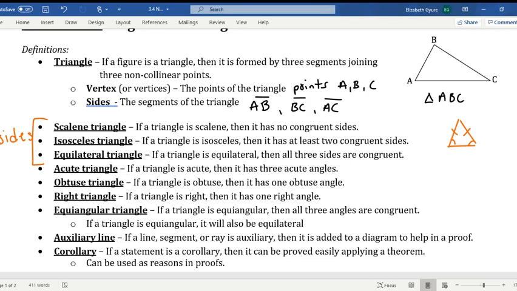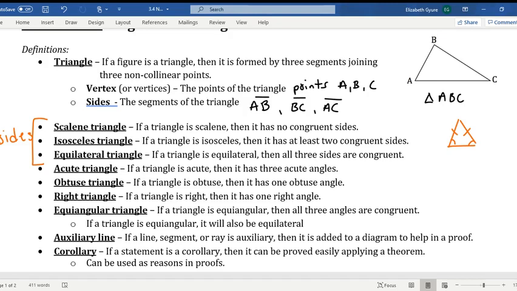So if you have congruent sides, you're going to be able to imply that you have congruent angles as well. Equilateral says if a triangle is equilateral, then all 3 sides are congruent. Now, if all 3 sides are congruent, think about what Carly just said. What do you think we'll be able to imply? Brennan? That all 3 angles will also be congruent.